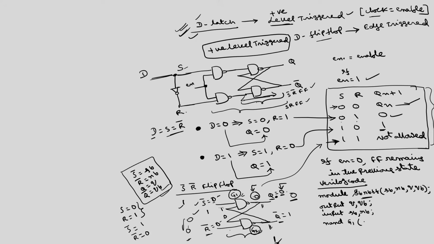One input is S B, the other input is Q B, and the output is Q. For the second NAND gate G2, what are the two inputs? One is R B, another is Q, and the output is Q B. End module.